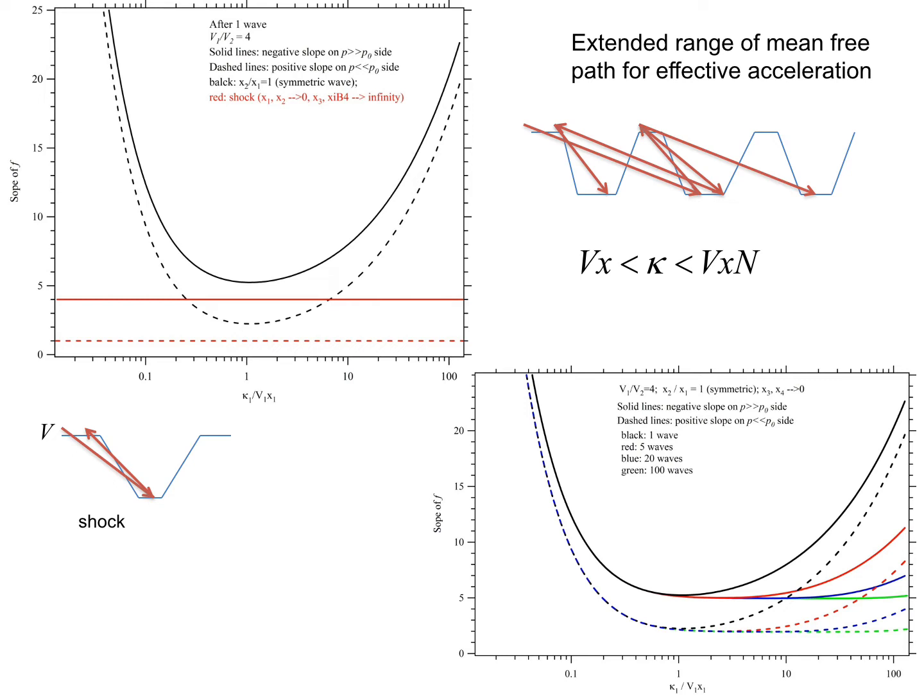That's why the diffusion coefficient is not important for the distribution function of accelerated particles, as long as the diffusion length is larger than one individual compression zone but smaller than the wave train.